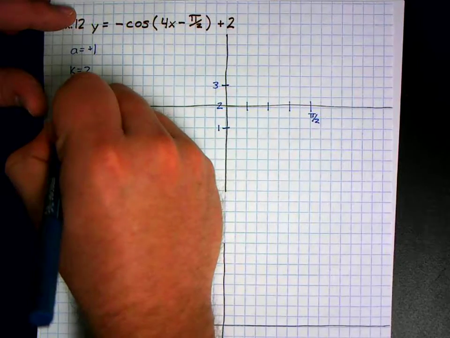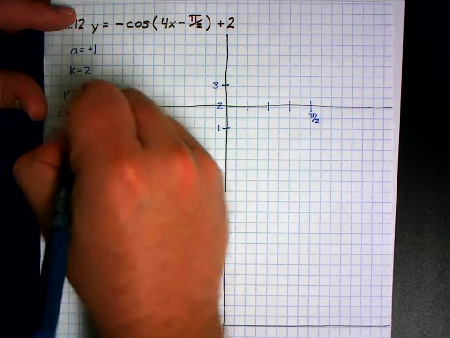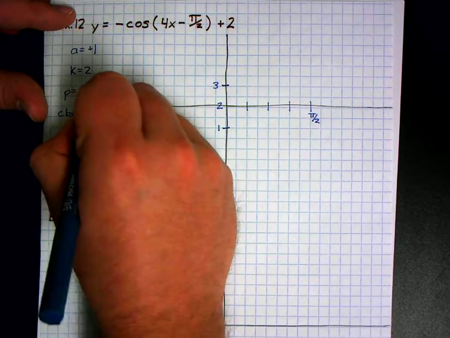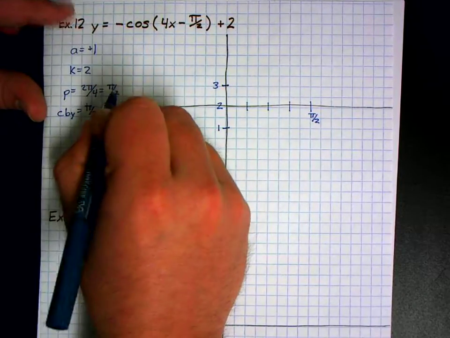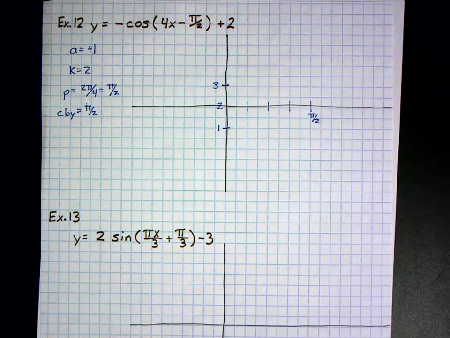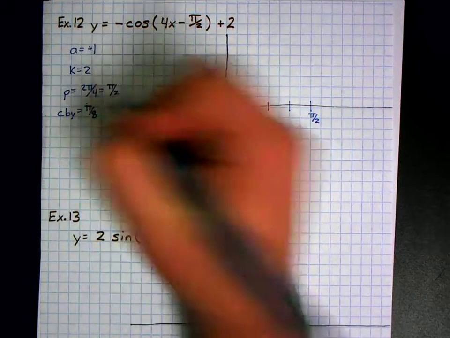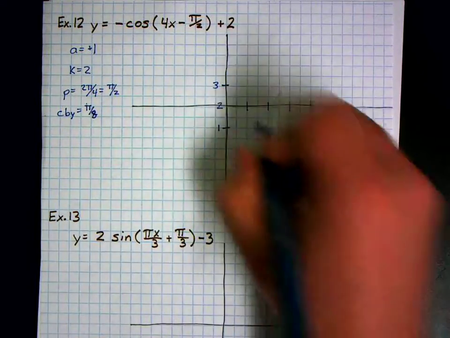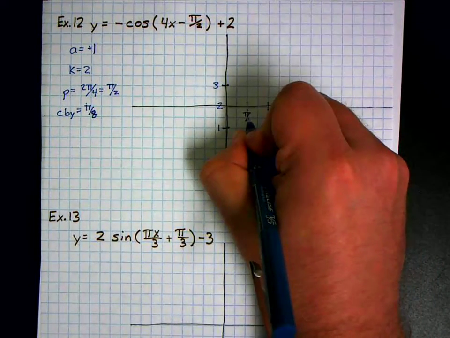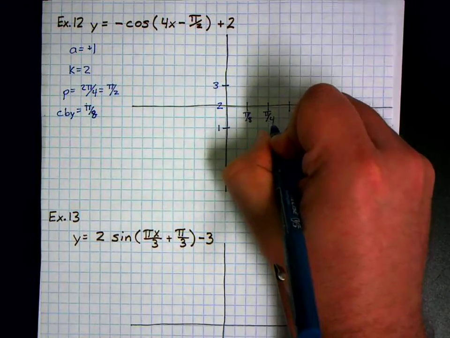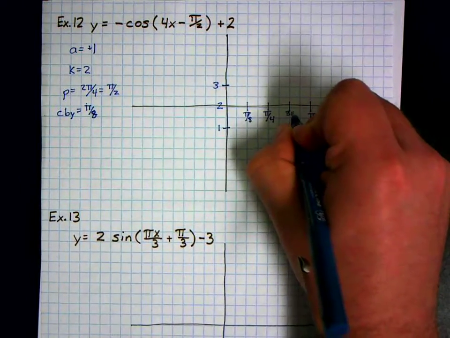Let's see, my count by, yep, pi over 8. Because I need to take pi over 2 divided by 4. So pi over 8, 2 pi over 8 is pi over 4, then 3 pi over 8.